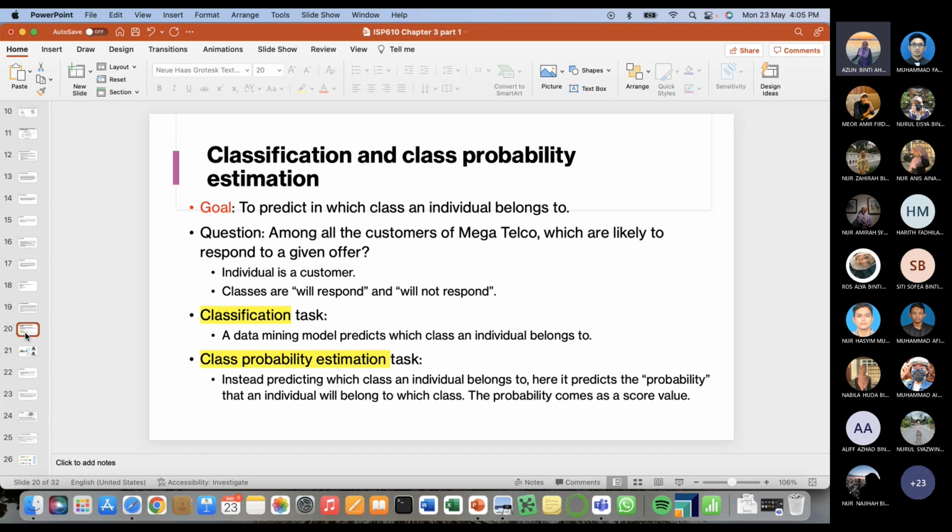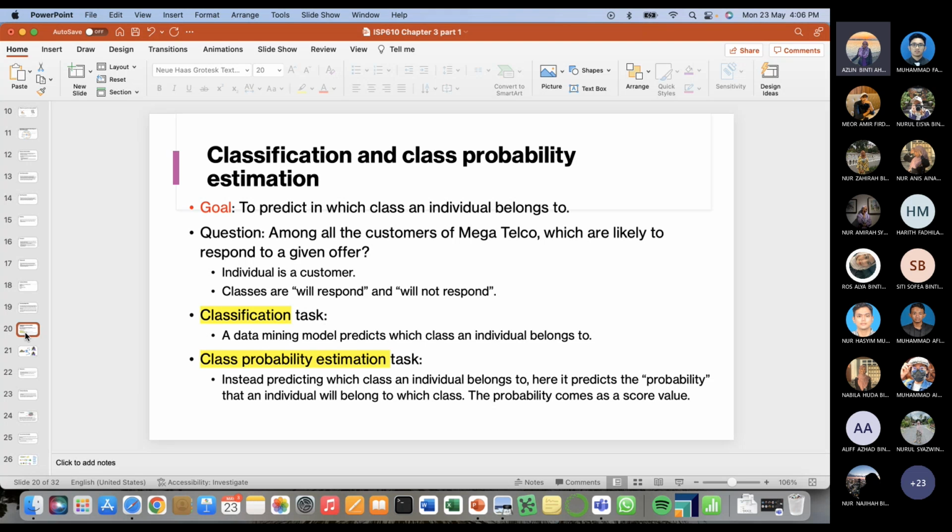I'm sure you all have an experience receiving calls from a call center, asking if you want an offer and so on. That kind of promotion lah, those are the offers they want to give. So will that customer respond to that offer and accept it, or not respond and refuse to take the offer?